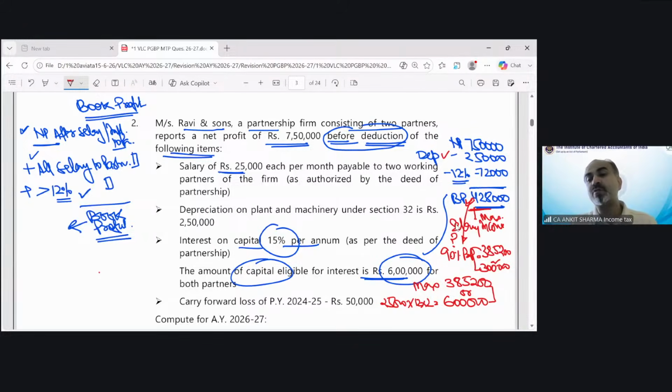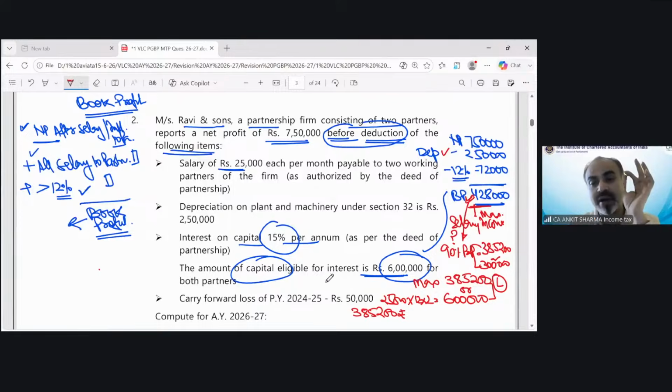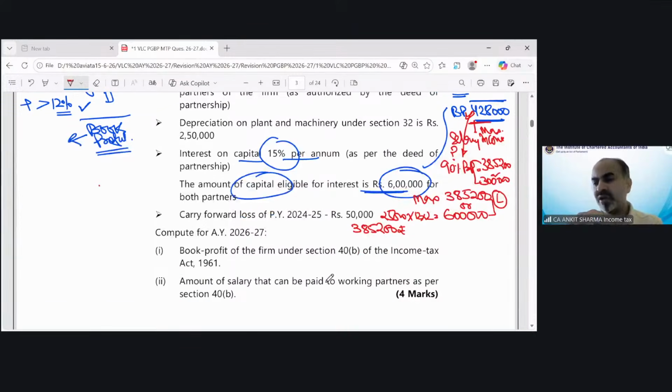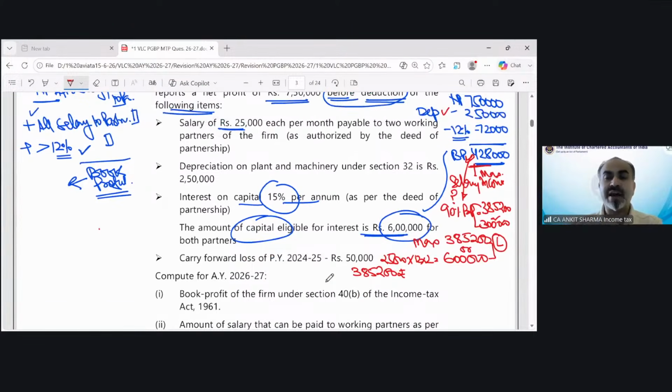Now this would be the allowable salary under income tax. Now what it is? It's lower or higher? Now it's lower. So the allowable salary under income tax would be 3,85,200 rupees.